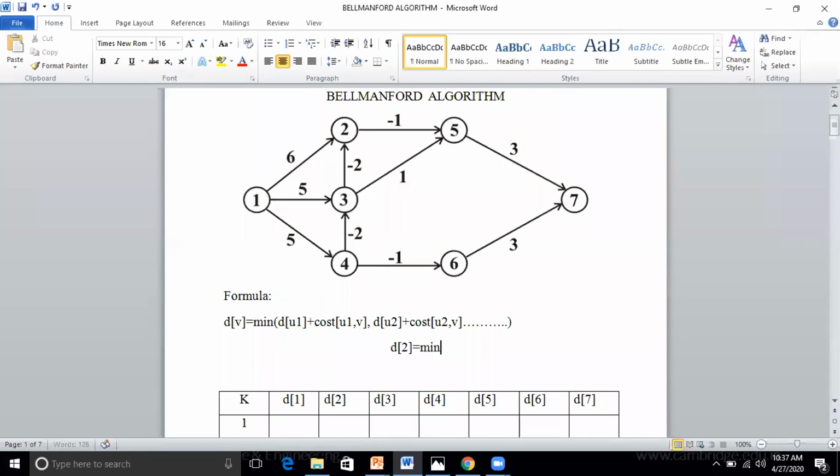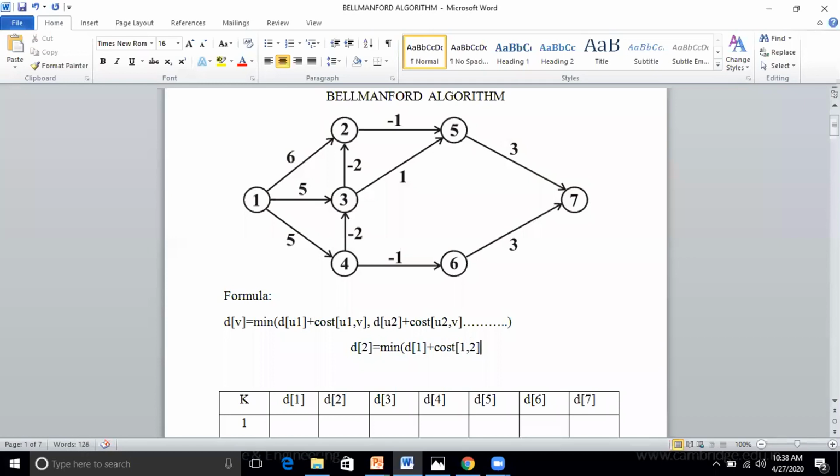d of what is the incoming vertex here? 1 as well as 3, isn't it? As I said, u1, u2 will be acting as the incoming edge vertices. So can I write this, in place of u1, as d of 1 plus the edge cost of 1 comma 2?